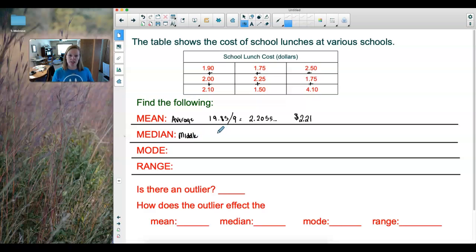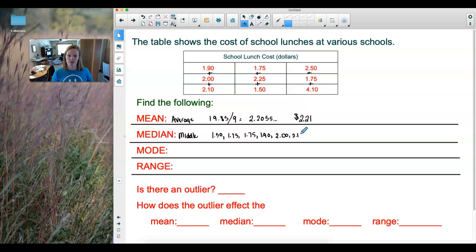Okay, so we want to put these numbers in order from least to greatest, the lowest number being $1.50, and then we have $1.75 2 times, and we have $1.90, and we have $2.